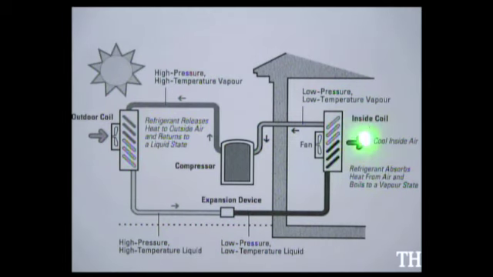Now this evaporator, this indoor A coil, also serves another purpose. It dehumidifies the air. Because this coil is cooled by the refrigerant to a low temperature, usually the temperature inside of this A coil is around 35 or 40 degrees. The air goes through the coil and reaches dew point. Now what we're actually doing is collecting water from the air.